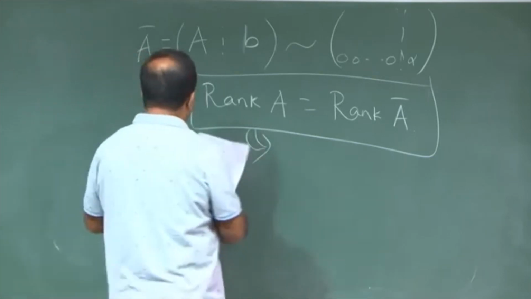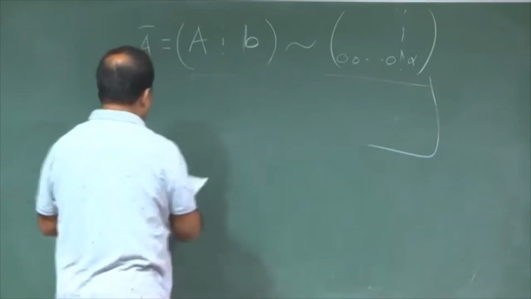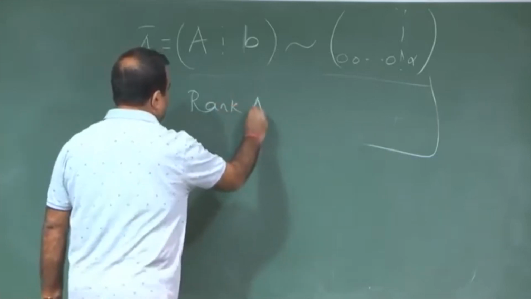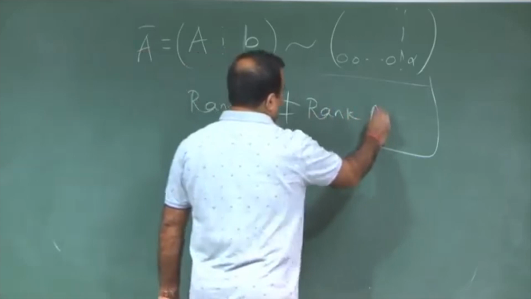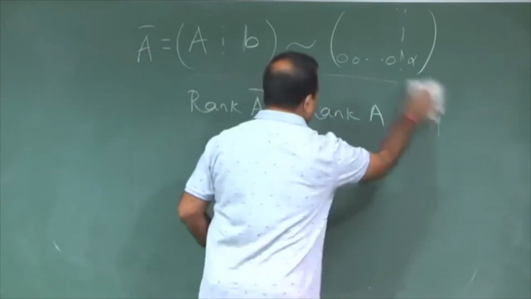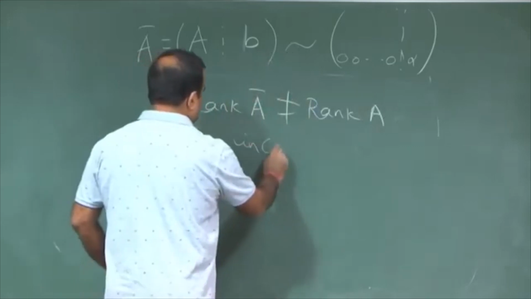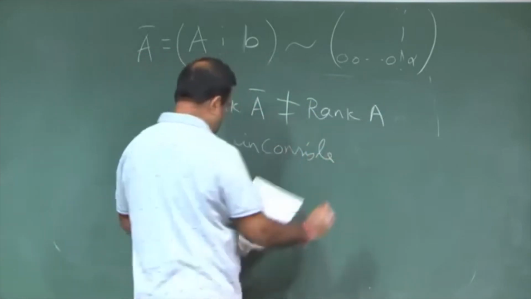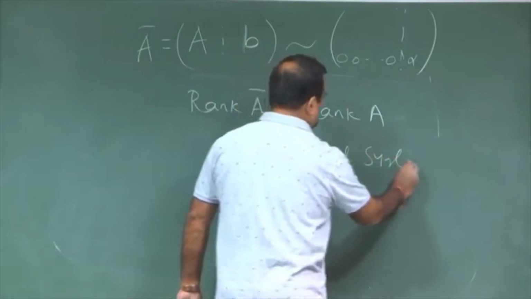So, just to recap this: if the rank of A is not the same as the rank of the augmented matrix, then we call this an inconsistent system.